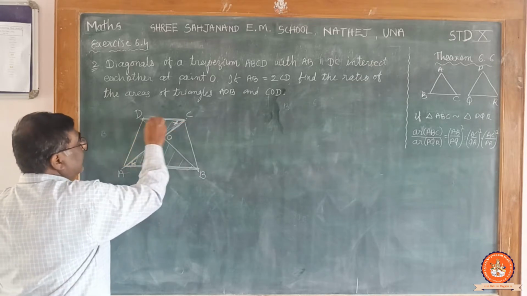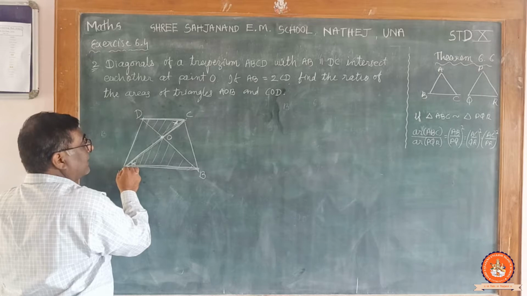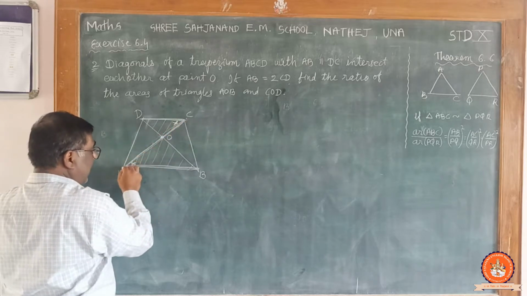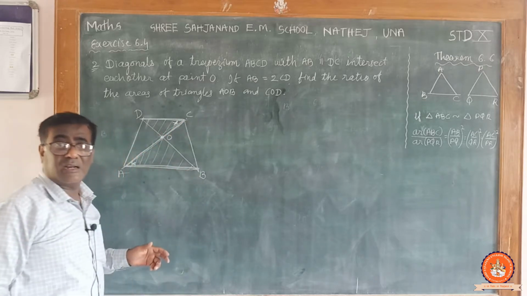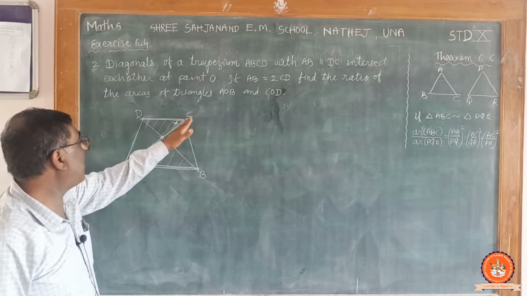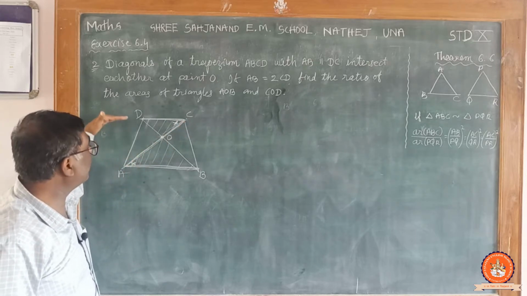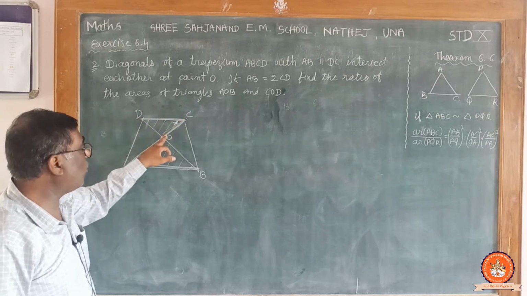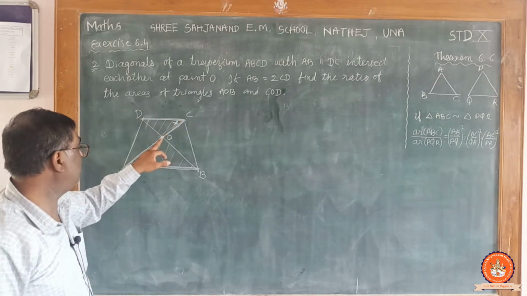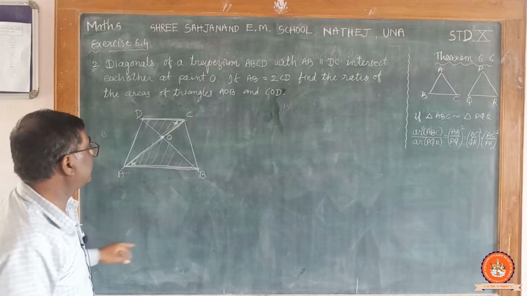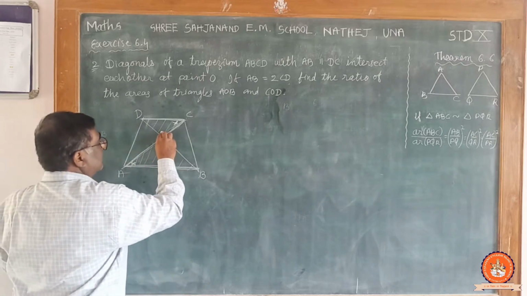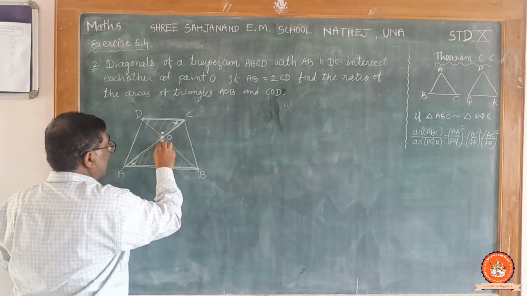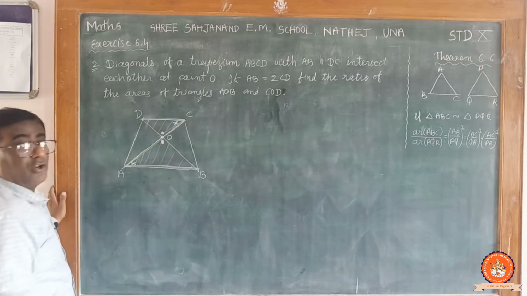Okay, so DCA is equal to CAB because they are alternate interior angles formed by transversal AC of two parallel lines DC and AB. So therefore DCO is equal to OAB. Similarly, these two angles are vertically opposite angles.